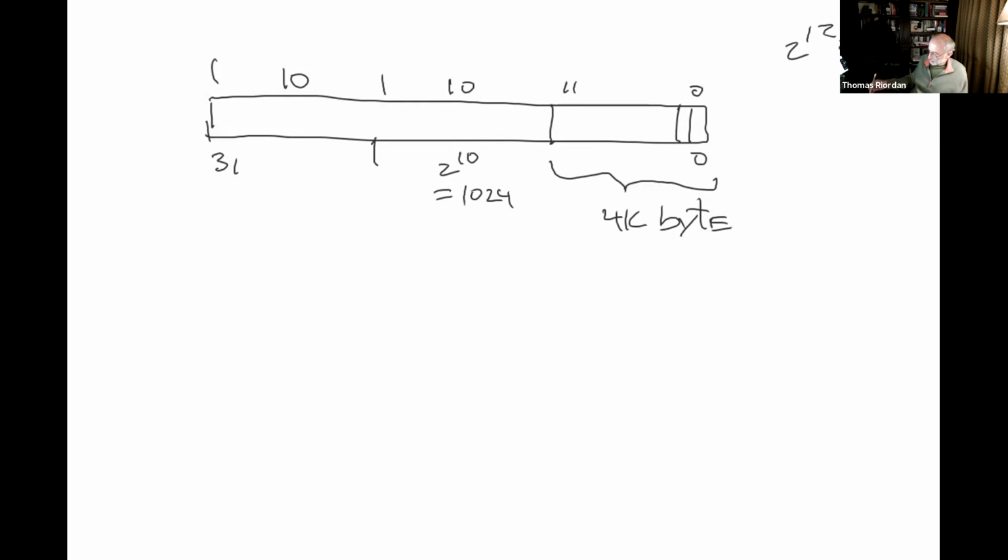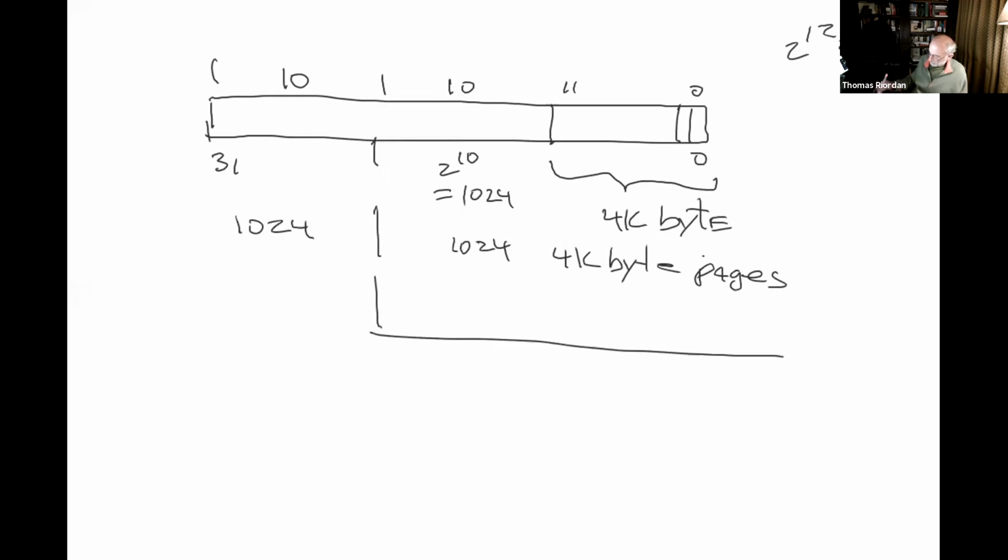So we're dividing up the memory system into 1024 4K byte pages. And then we're dividing that up into 1024 of these things.